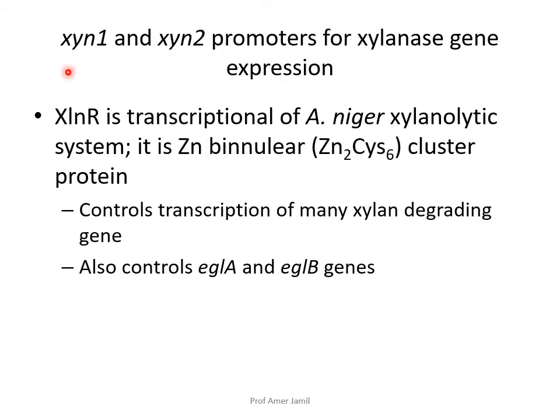Apart from cellulases, another important gene is xylanase. There are different xylanases which are also present in fungi. Xylanases degrade hemicellulosic content. So you can imagine, since cellulose and hemicellulose are both present simultaneously, there needs to be activation of xylanases as well as cellulases for complete degradation.